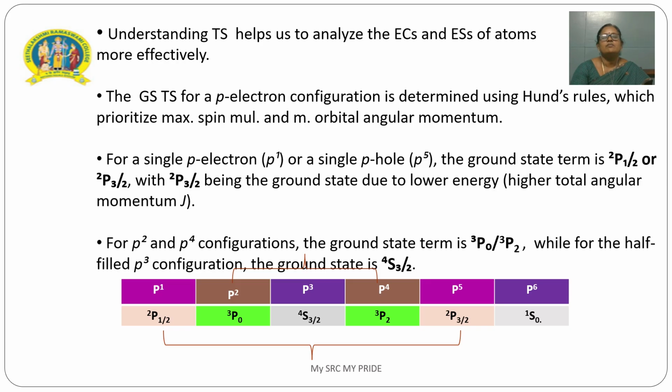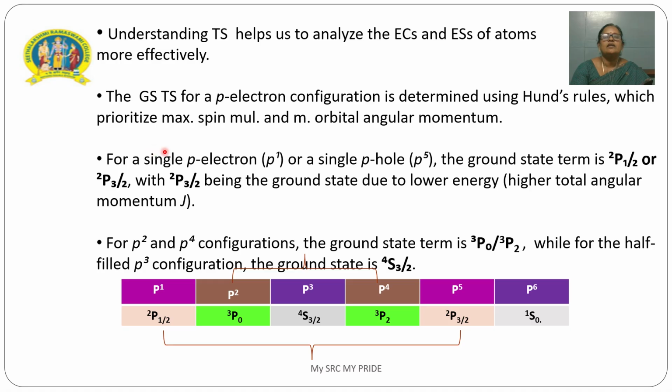Understanding term symbols helps us to analyze the electronic configurations and energy states of atoms more effectively. The ground state term symbol for p electron configuration is determined using Hund's rule, which prioritizes maximum spin multiplicity and maximum orbital angular momentum.